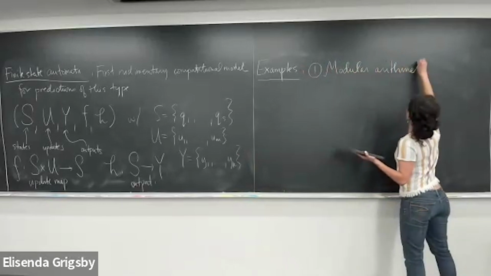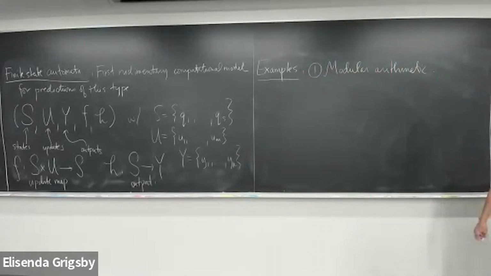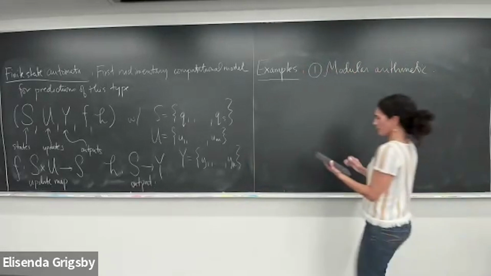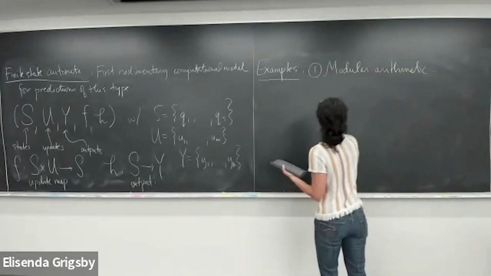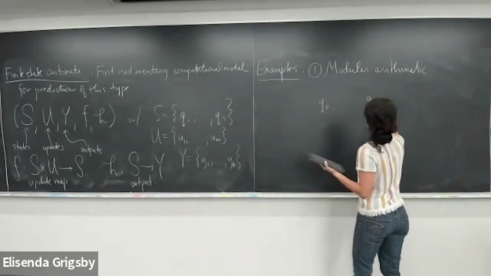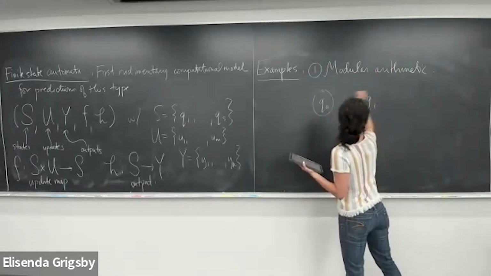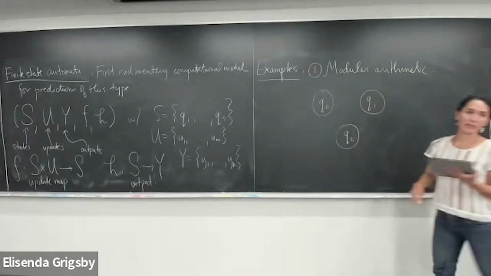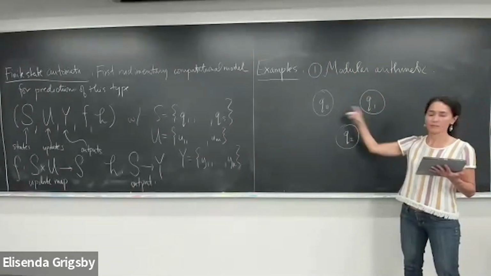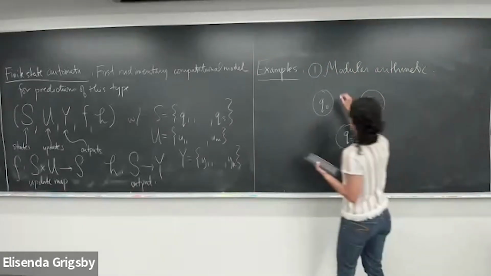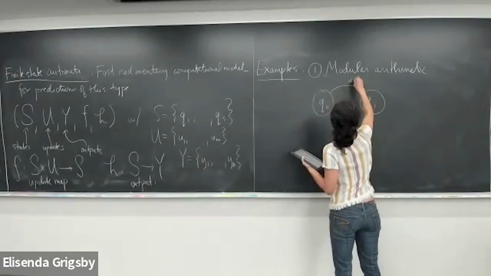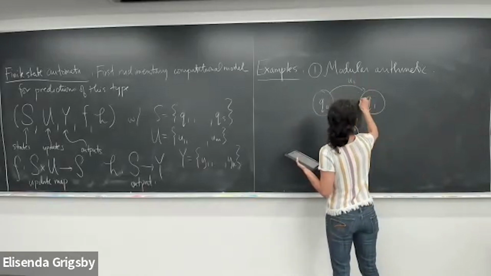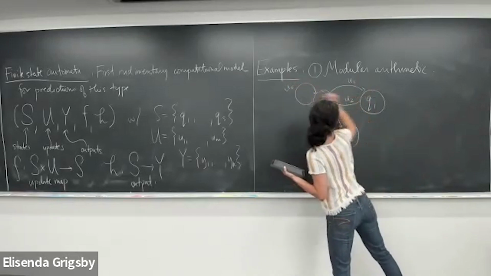It's useful to model a finite state automaton by modeling the states as vertices and the updates as edges between vertices. So, for example, mod 3 addition, where I'm labeling my states by the remainder.